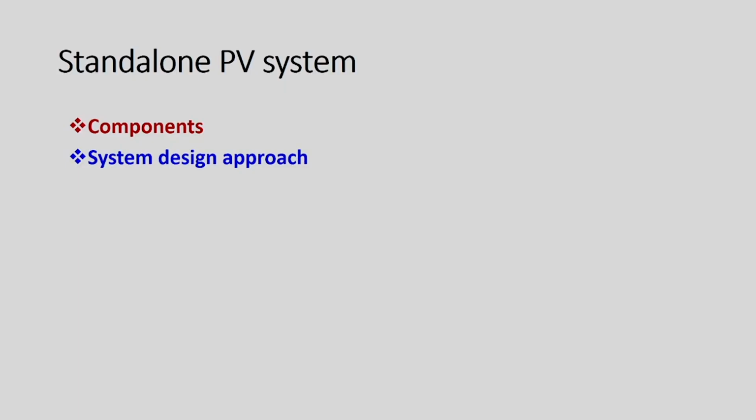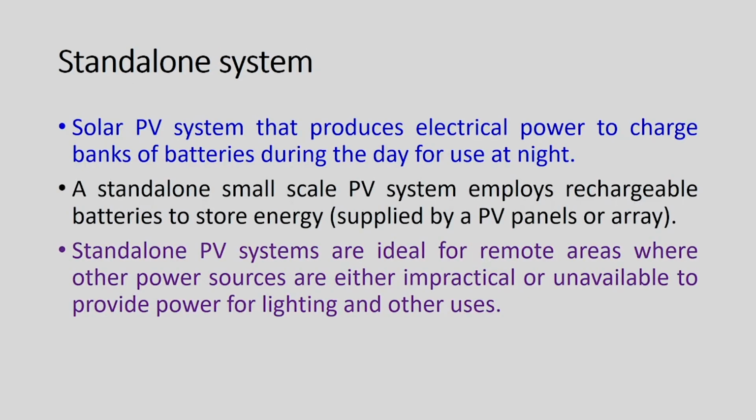Mostly today we will be covering the components of a standalone PV system and the system design approach. So, what is a standalone system? A standalone system is a solar PV system that produces electrical power to charge banks of batteries during the day for use at night.